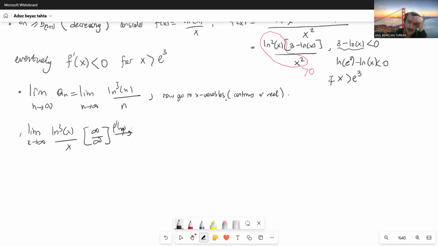Limit as x goes to infinity of 3 ln square x times 1 over x, over 1. So again, the x can go to the denominator, so let me rewrite it.